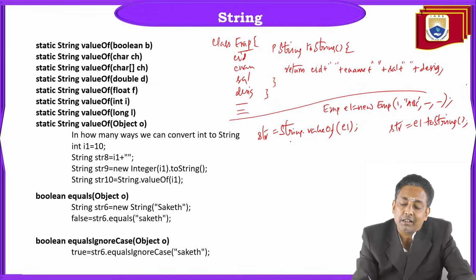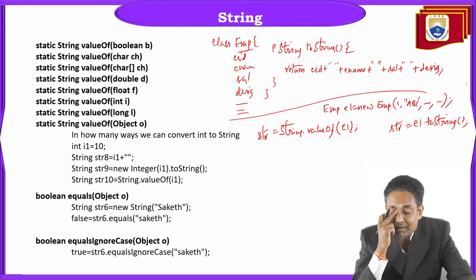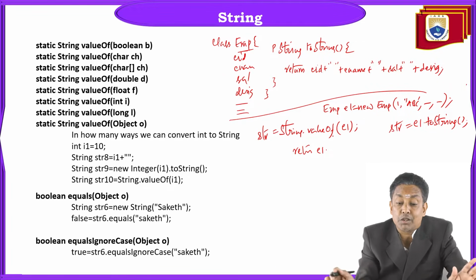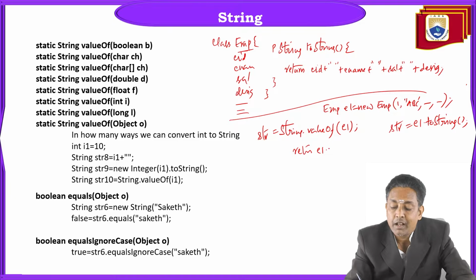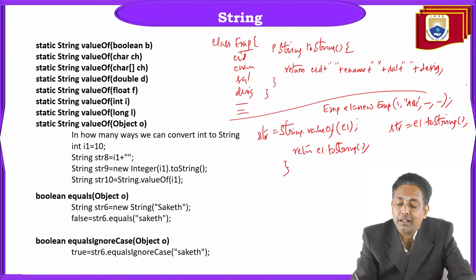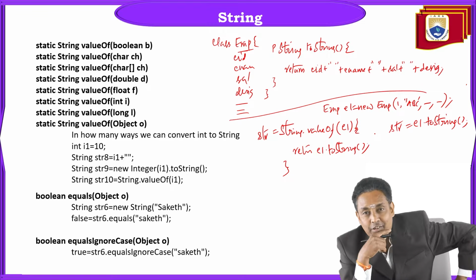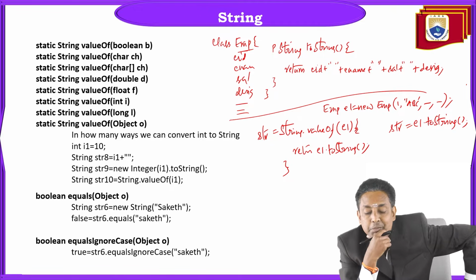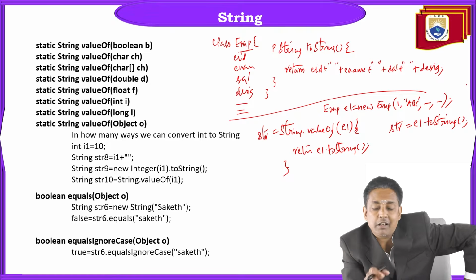Even if you call String.valueOf and pass any object as argument, internally it returns that object's toString. They don't know which object it is, but it is an object, and that object's toString method will be called. This is the internal implementation of the valueOf method taking an object as an argument, in one line of code.